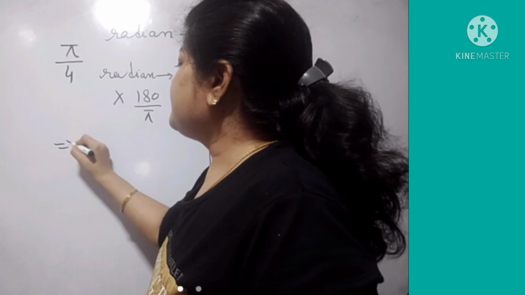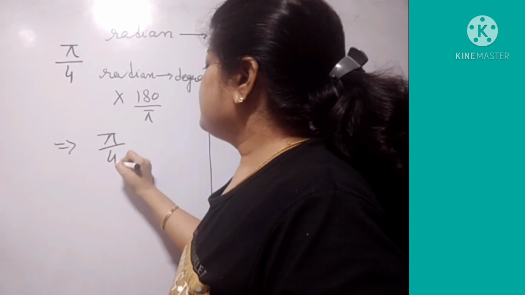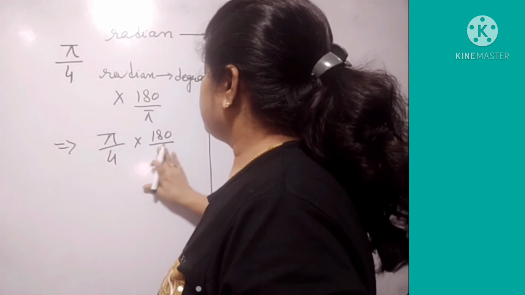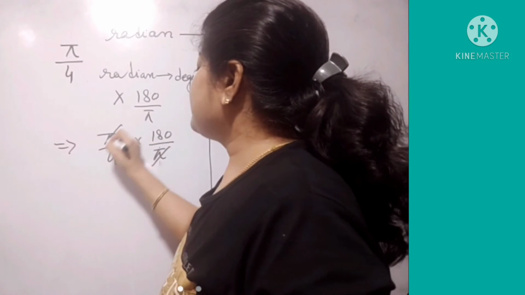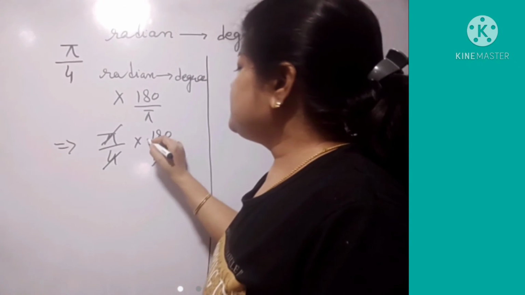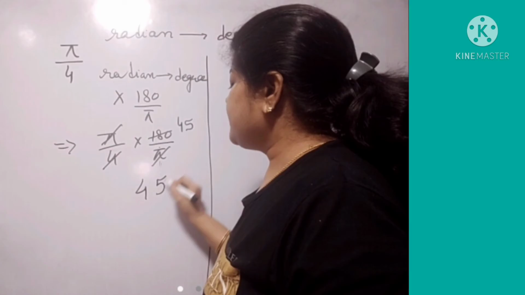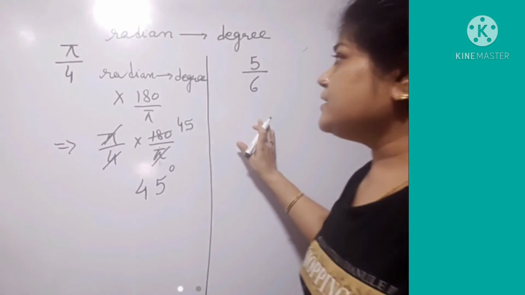So we get pi by 4 into 180 by pi. Pi and pi get cancelled. Now 4 ones are 4, 4 fours are 16, 4 fives are 20. We get 45 degree.